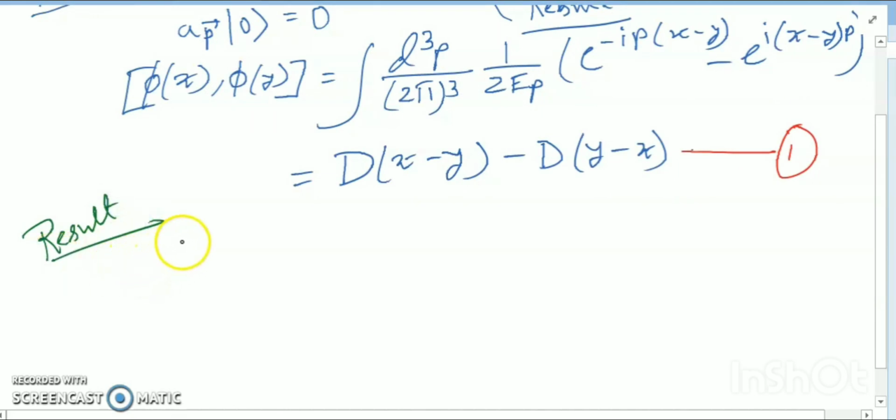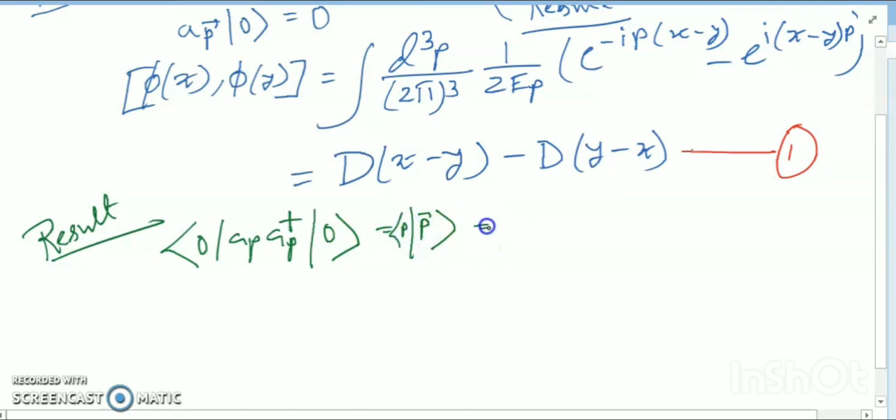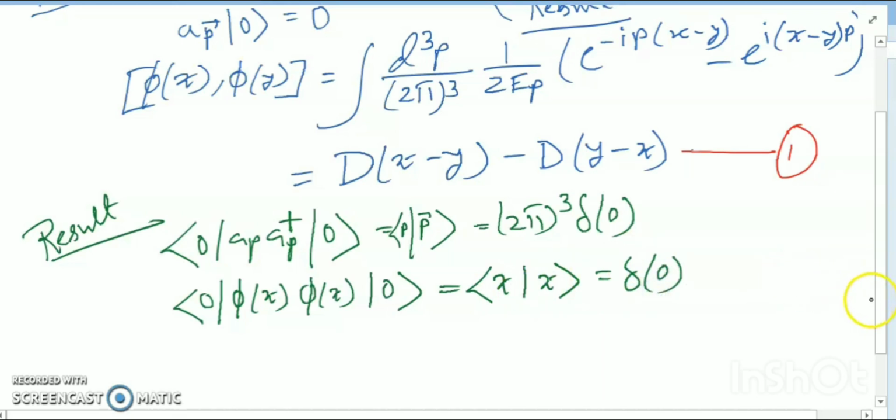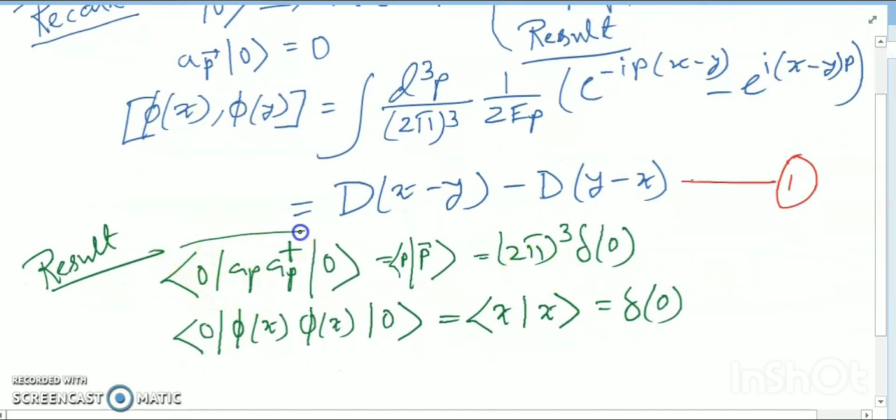The vacuum expectation of a_p and a_q dagger equals (2 pi) cubed delta of p minus q, and the vacuum expectation of phi(x) and phi(y) equals the delta function.